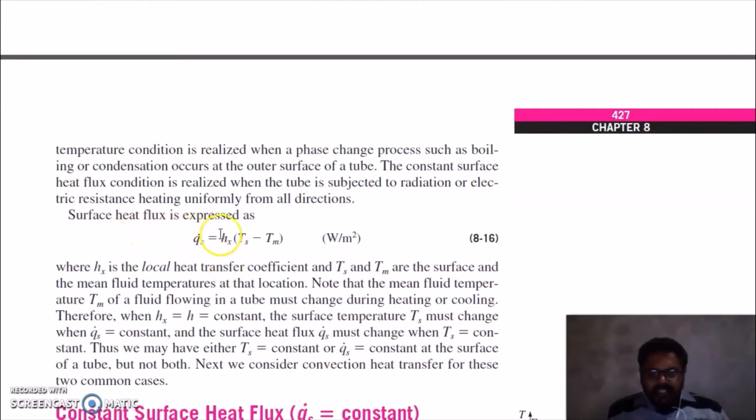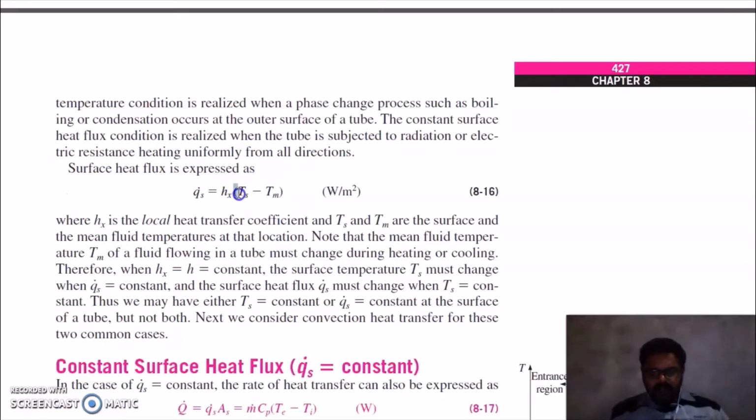So surface heat flux is expressed as qs = h_x (Ts − Tm). In this equation, Ts is the surface temperature and Tm is the mean fluid temperature. Note that the mean fluid temperature of the flowing fluid in a tube must change during heating or cooling. When the convective heat transfer coefficient h is constant, the surface temperature must change when qs is constant.